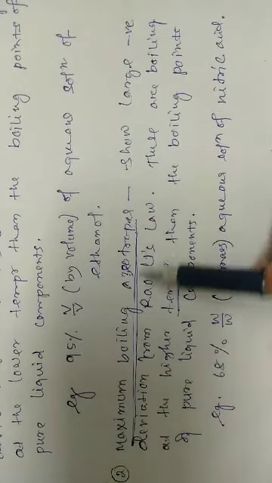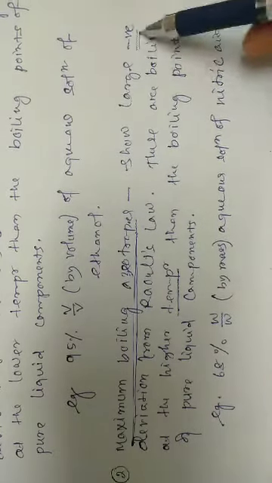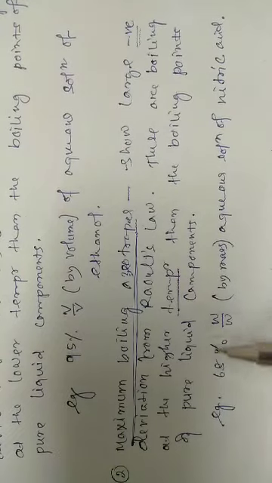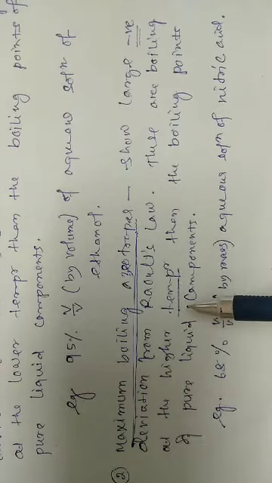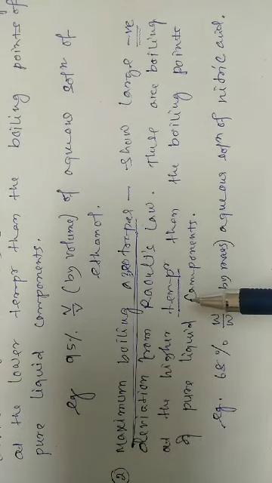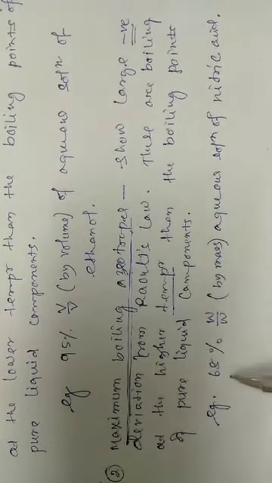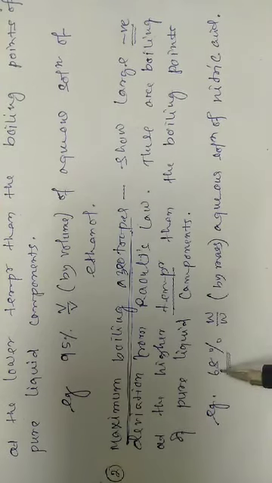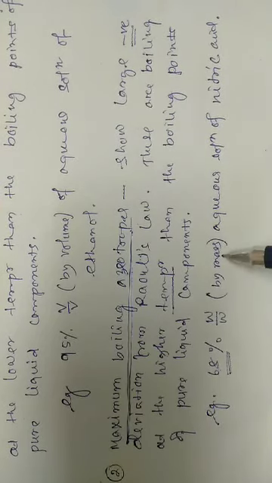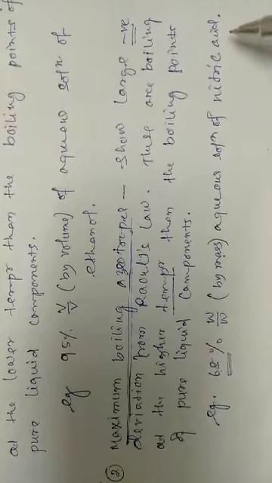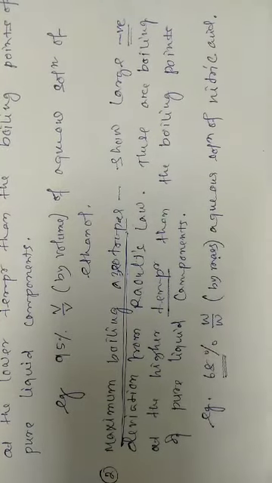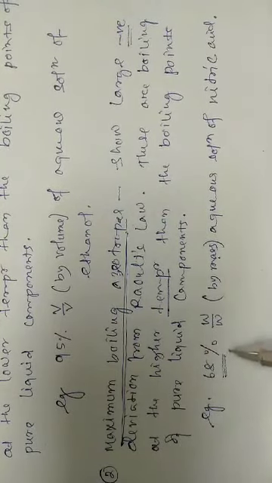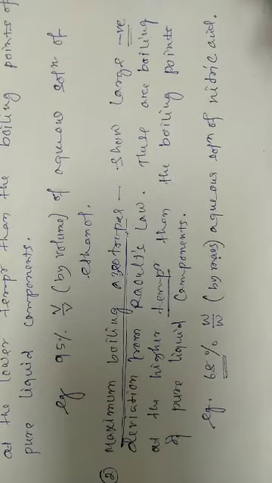So maximum boiling azeotrope shows negative deviation from Raoult's law. और maximum boiling azeotrope का boiling point pure liquid component का boiling point से क्या होता है, ज़्यादा होता है. So example of a maximum boiling azeotrope is 68% by mass aqueous solution of nitric acid. So this is an example of maximum boiling azeotropes.